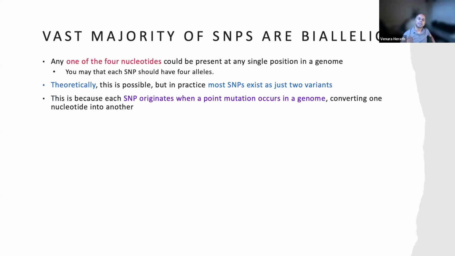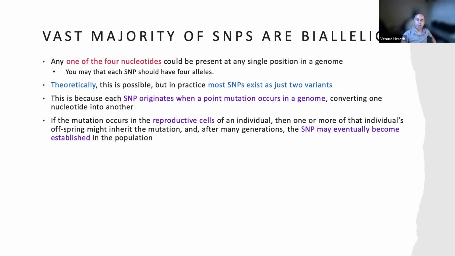Because a SNP originates when a point mutation occurs in, let's say, your parent's genome. One nucleotide is converted into another, just one. If this happens in a somatic cell, it is not going to do anything for the upcoming generations; it stays with you, but not with others.